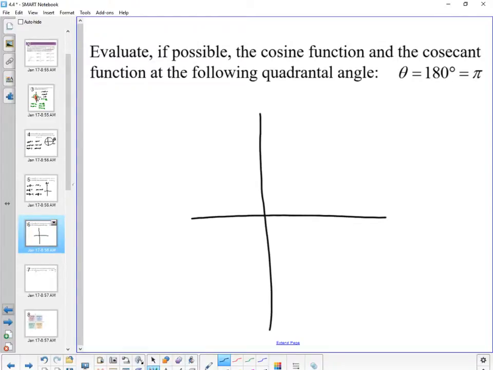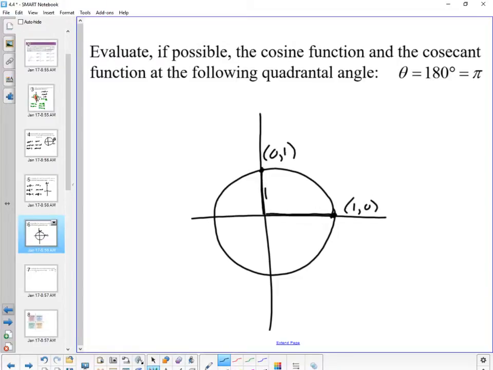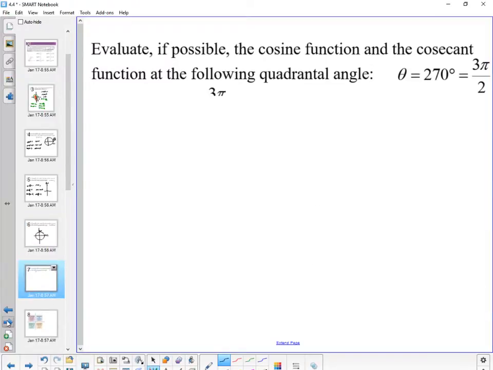Okay, so remember the unit circle? I've got a circle whose radius is 1. So that means I've moved 1 unit this way, putting me at 1 comma 0. And if I go straight up, I know that this radius is 1, correct? So that means I should go 0 on x and 1 up. Cool. Just verifying.